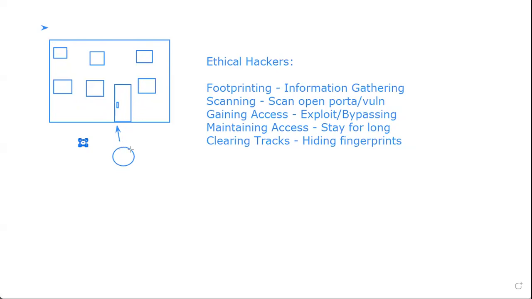Okay, so the ethical hacker now will be the security guard. The ethical hacker is the one looking after the security of the premises or the house, you can say. अब इसका job है कि to make sure all the entry points, all the security and the network are basically secured so that the intruder cannot get into the premises, into the house.